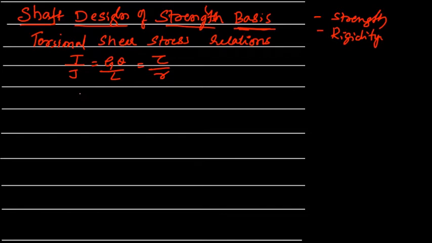The relation tau by R equal to T by J stands for design based on strength.